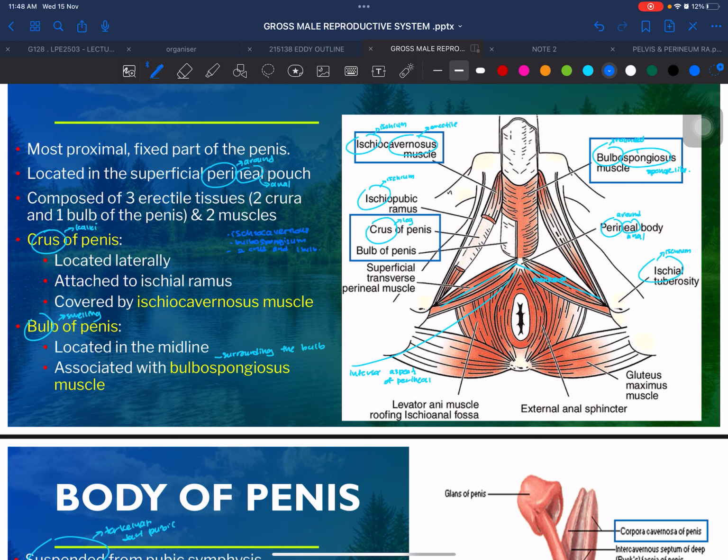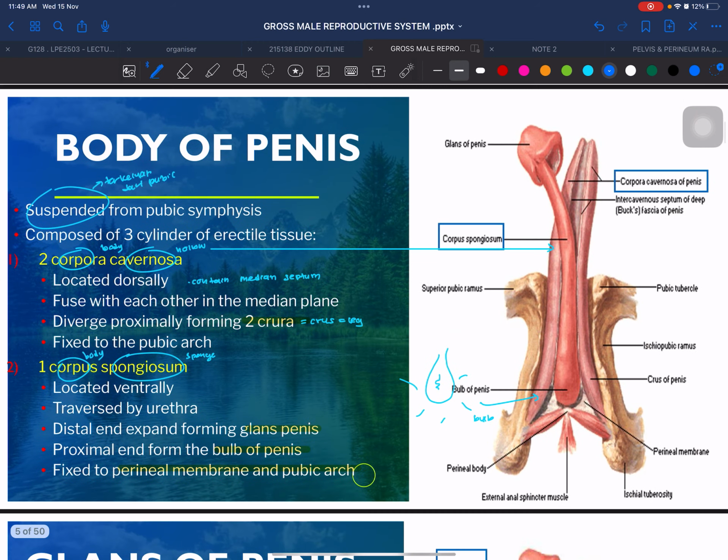So the body of the penis, okay, is suspended from the pubic symphysis. This is the body of the penis, suspended from the pubic symphysis, composed of 3 cylindrical erectile tissues, which are 2 corpora cavernosa and 1 corpus spongiosum. Okay, the corpora cavernosa are on the lateral side, located dorsally, not ventrally, dorsal, from the top, fused with each other in the median plane and diverging proximally.